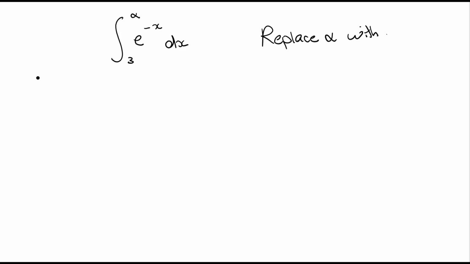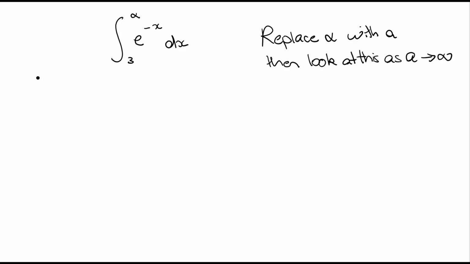Another way of looking at it is to perhaps replace infinity with a number, and then we let that number go towards infinity. So we've got the same thing. And this time we say, well, let's replace infinity with a number, say a, and then look at that as a tends towards infinity.